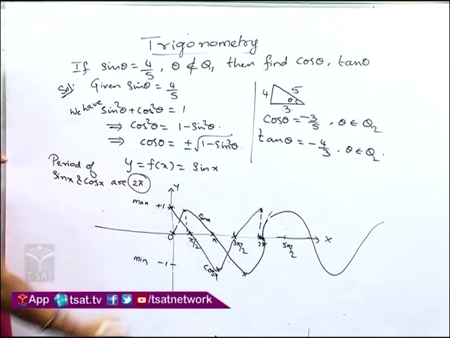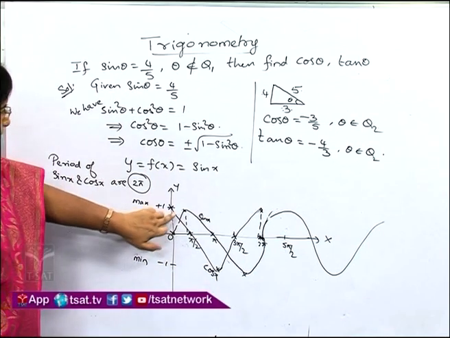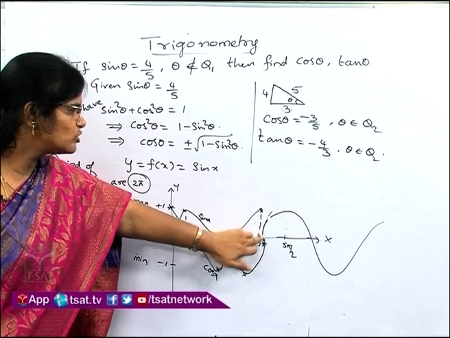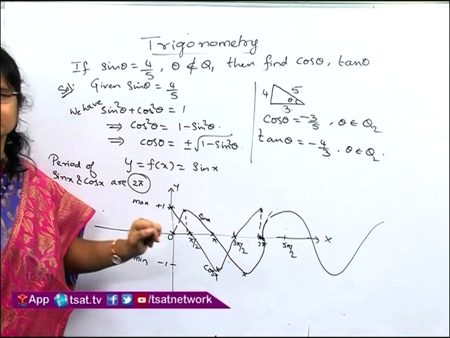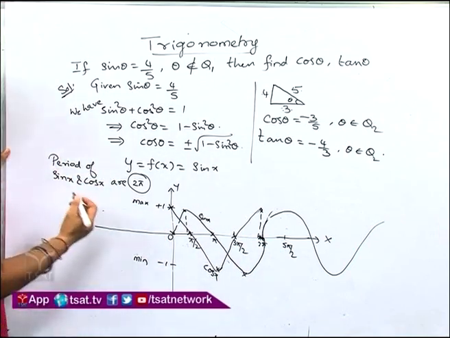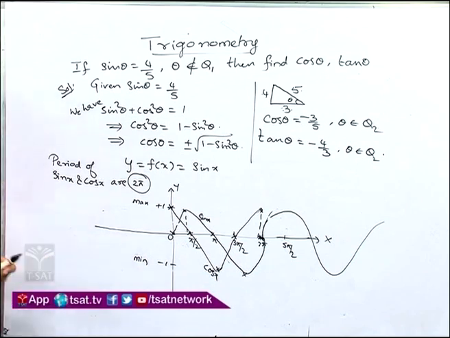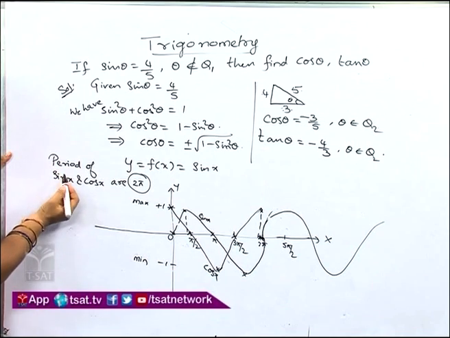You should remember this, children. Why are we taking 2 pi? Just now I have explained, since the curve repeats after 2 pi, we fix that value and take the period of sin and cos as 2 pi.